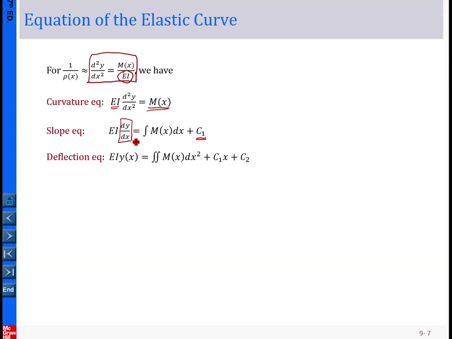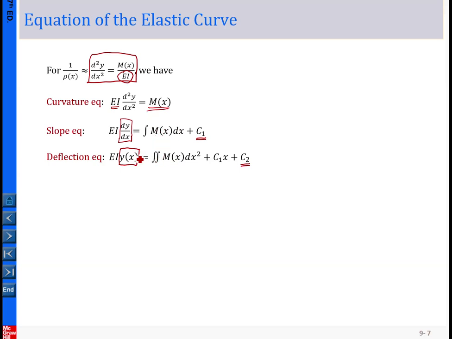Now you integrate one more time with respect to x on both sides, and you come up with an additional integration constant. This one is about deflection, so it is called the deflection equation. In terms of mathematics, we continuously integrate twice and get two more equations.